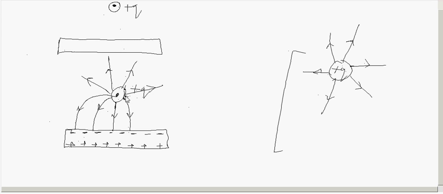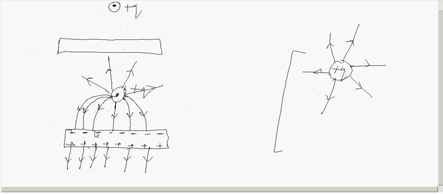Something like this. And on the other side they move away from the positive charge, normal to the surface. So this is how you have to sketch.